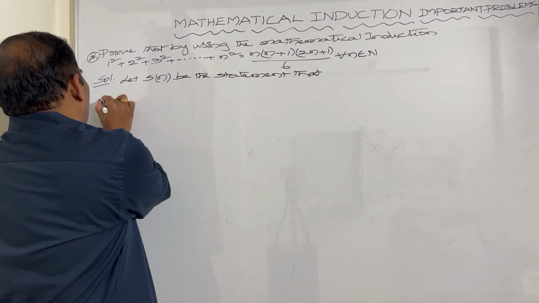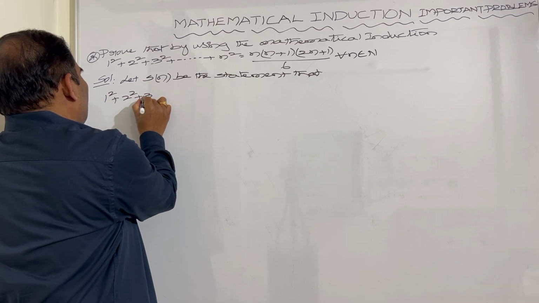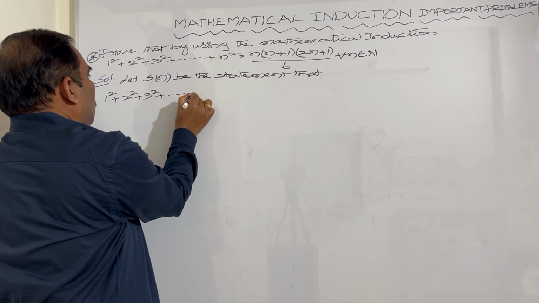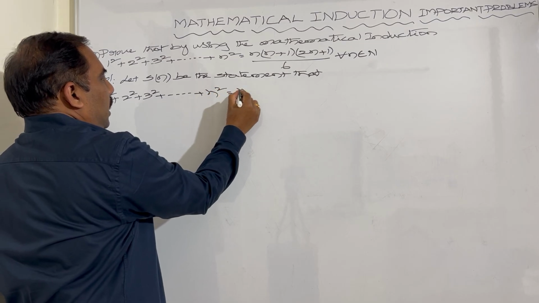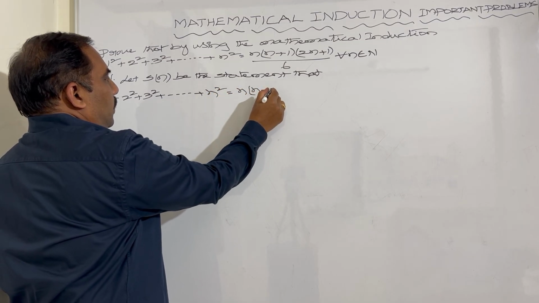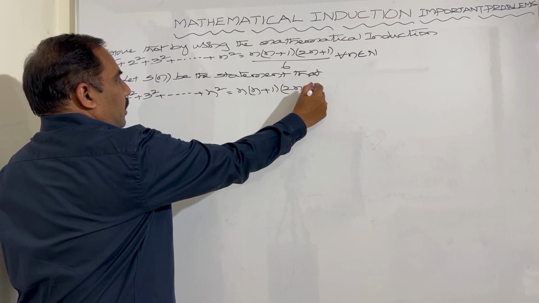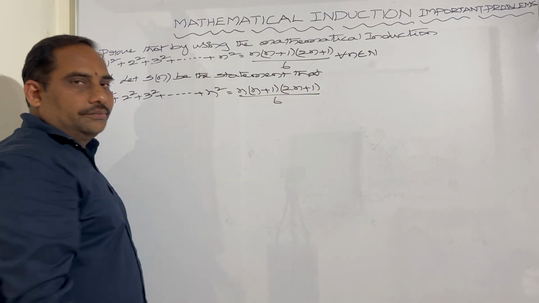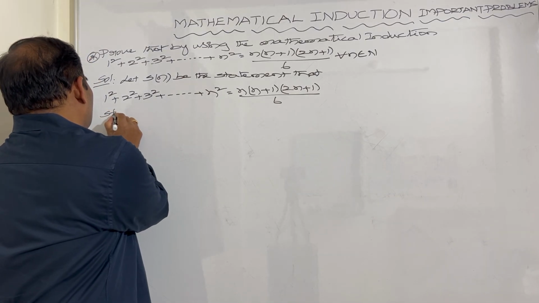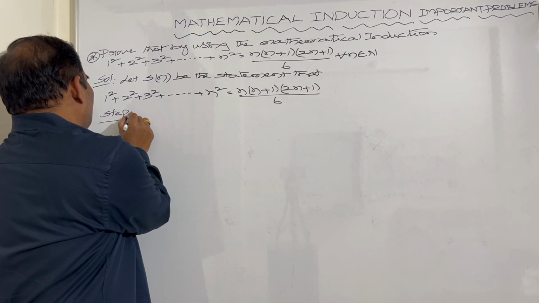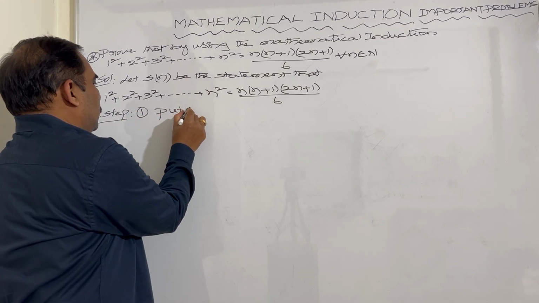This is the given problem: 1 square plus 2 square plus 3 square plus and so on plus n square, which is equal to n into n plus 1 into 2n plus 1 whole divided by 6. Now in step 1, put n is equal to 1.